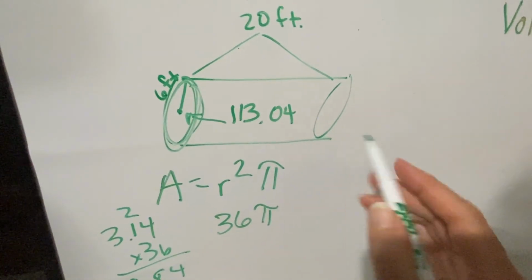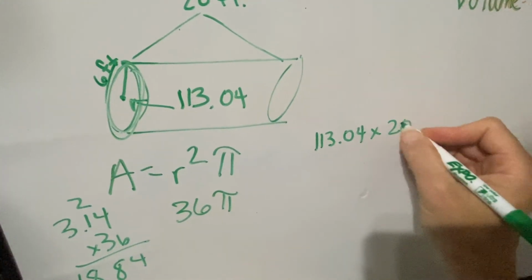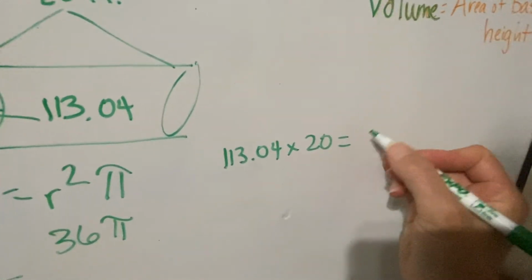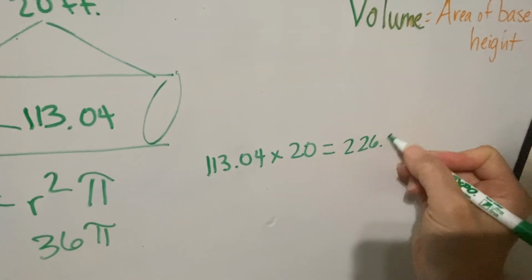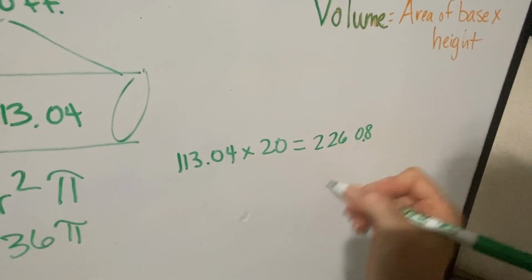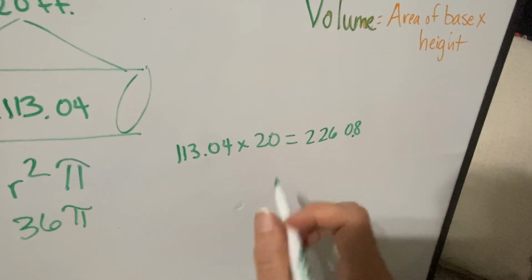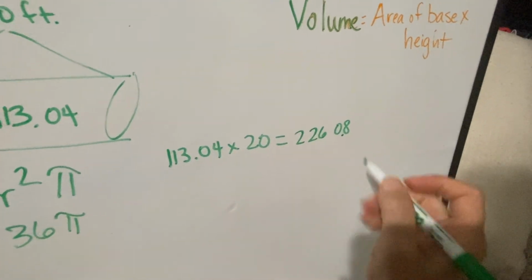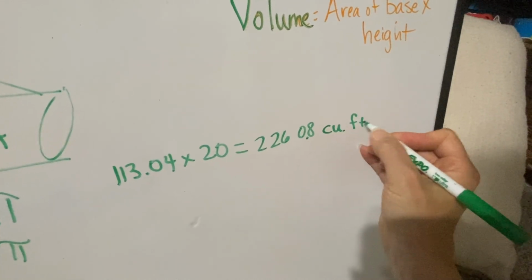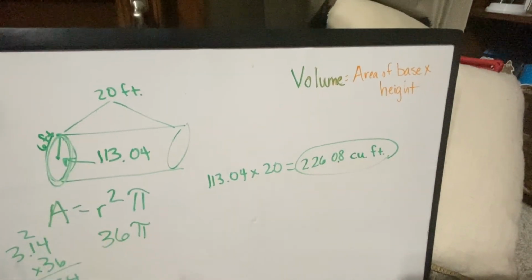And then we're going to take that times 20 and get what here? Sorry, 2,260 and 8 hundredths, because I got a 0 wrong there. So that is in cubic feet, and that is your volume of this shape.